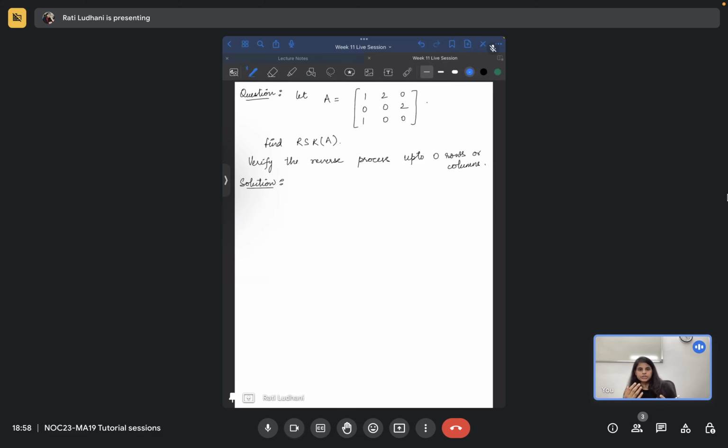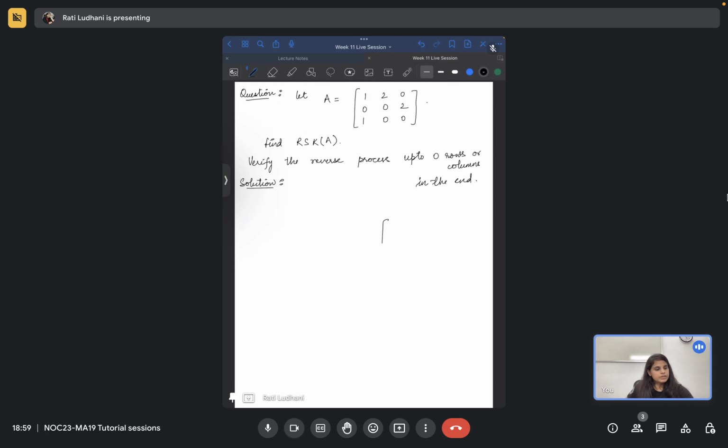So this is a bijection up to 0 rows or 0 columns, because you know that the bivector you will get corresponding to A does not look at the 0 rows which you have in the end.